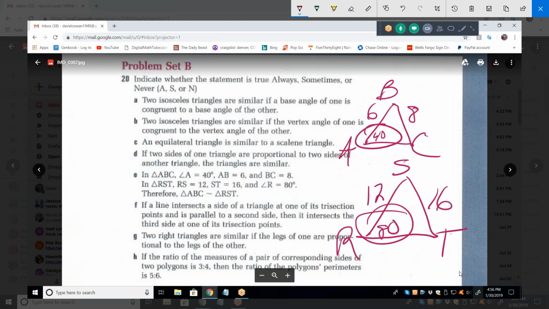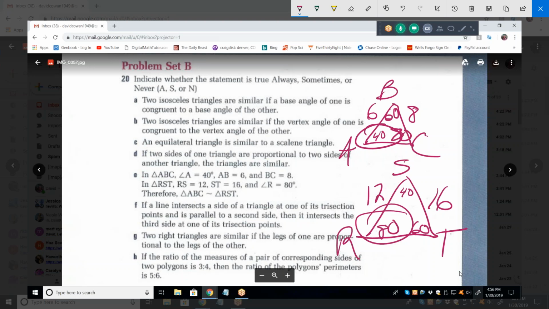Now, I suppose that there might be a 40-degree angle over here. The only reason I'm not totally comfortable with that answer is what if that's the 40-degree angle? And now this is 80 and 60, and over here we have 40, 80, and 60.